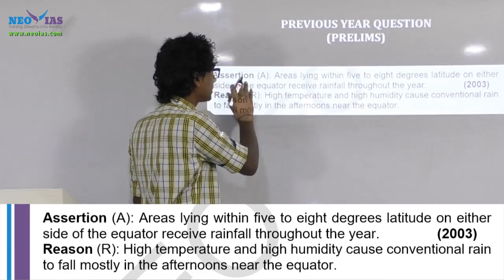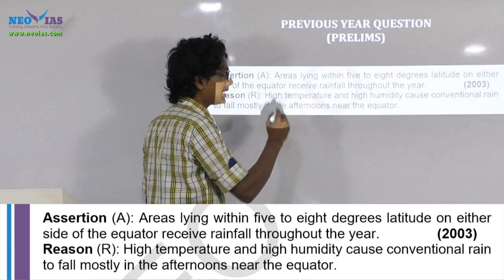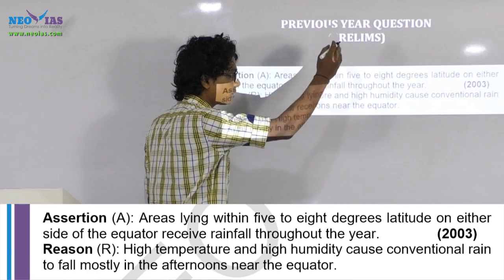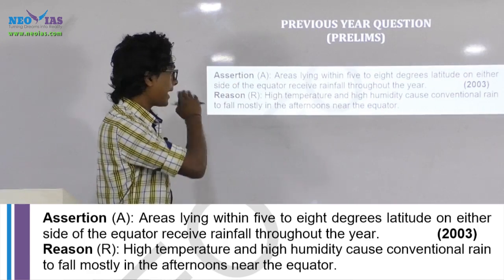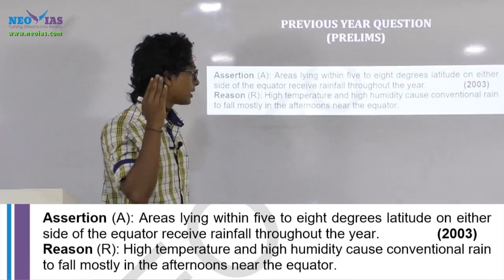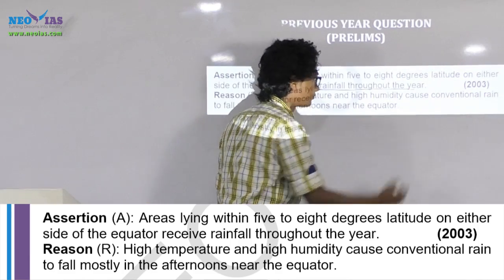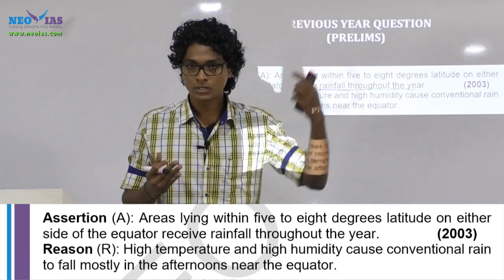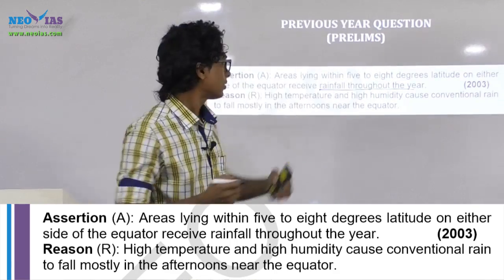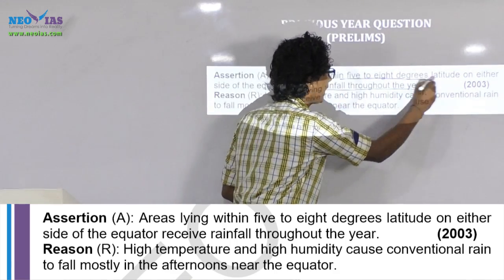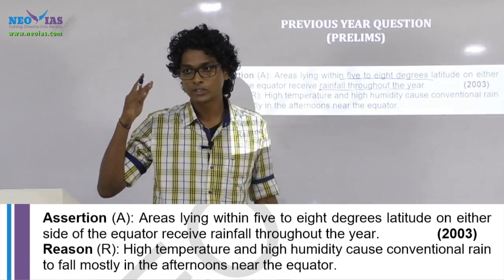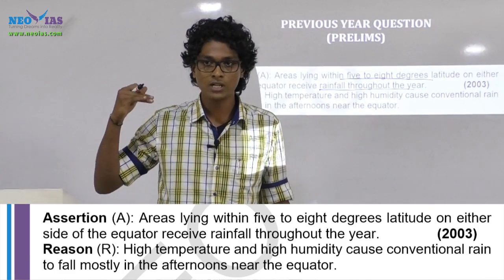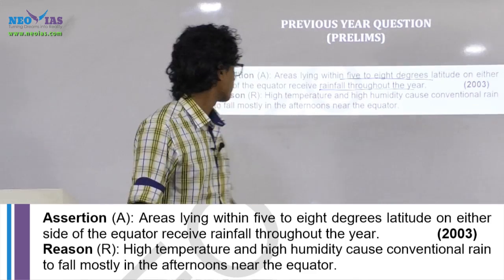The assertion statement says the areas lying within 5 to 8 degree latitude on either side of the equator receive rainfall throughout the year. True or false? True. Throughout the year means these regions receive insolation throughout the year, and thereby we have rainfall throughout the year.